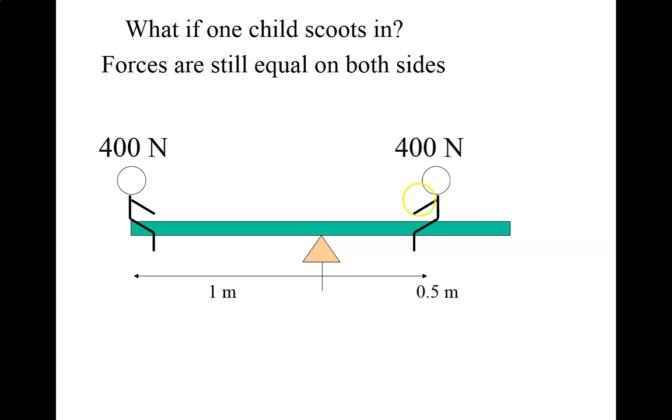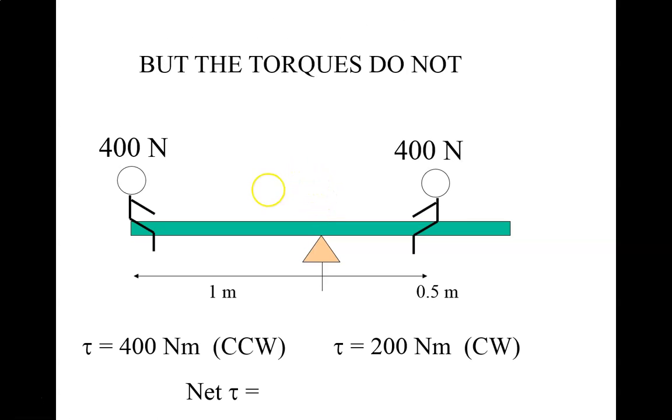Even though we have the same forces on both sides, we don't have the same torque. And the center of mass wasn't over the pivot point anymore. So all this stuff connects, but we're going to be analyzing this in terms of torque right now. Here, this guy is pushing down on this.